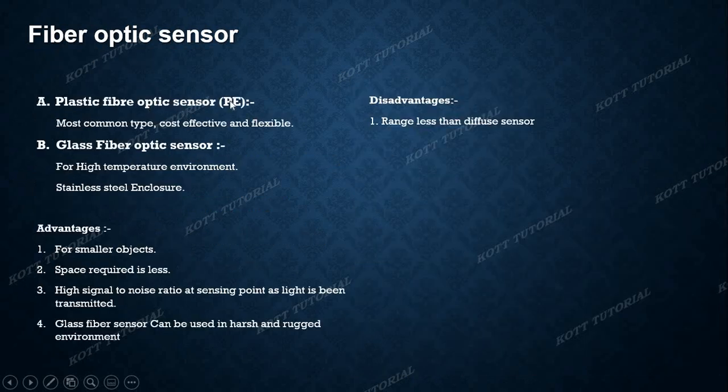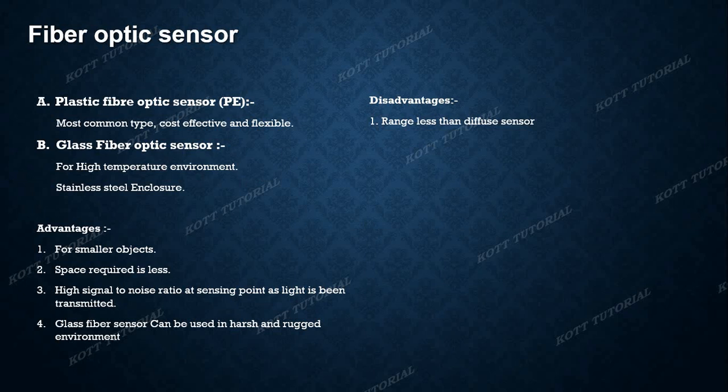Plastic fiber sensors are the most common type and we mostly use them for industrial applications. Glass fiber optic sensors we use for high temperature and harsh environments. It comes with a stainless steel enclosure.